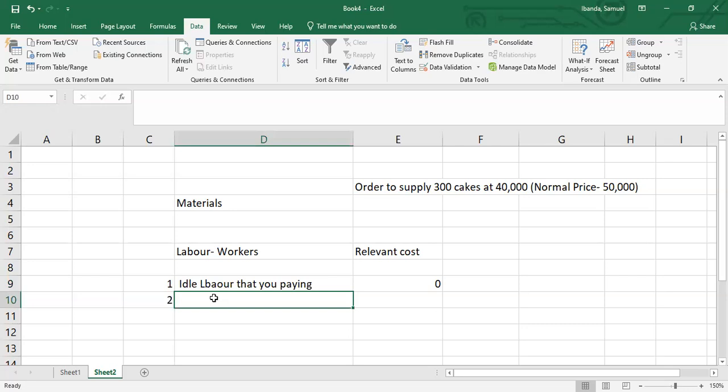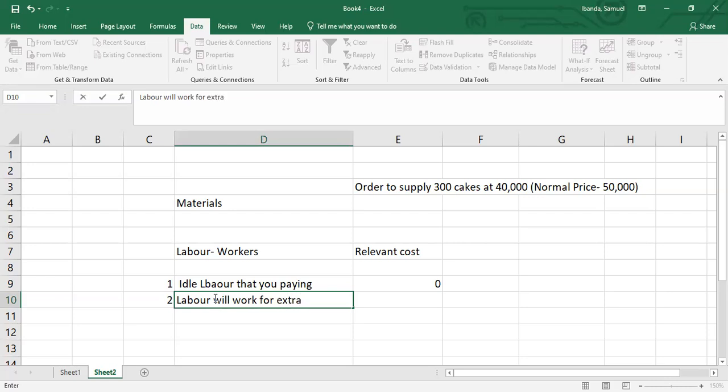Maybe you could have labor that will work for extra hours.